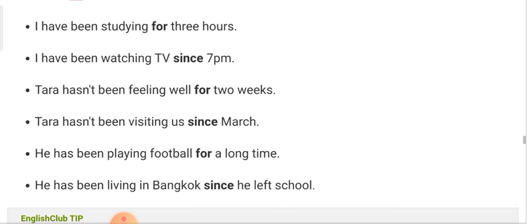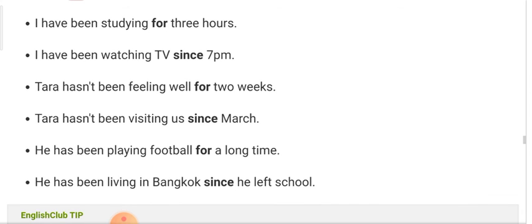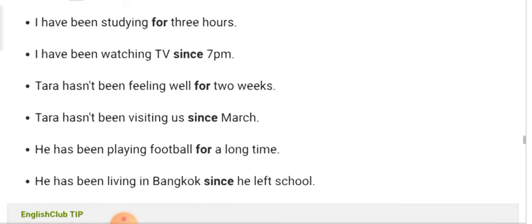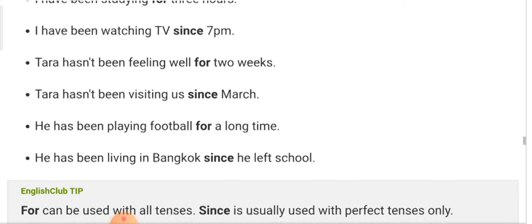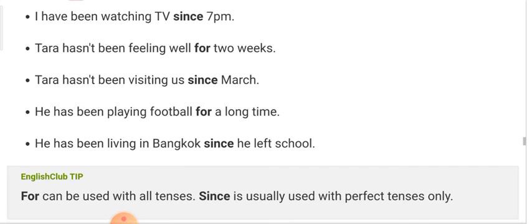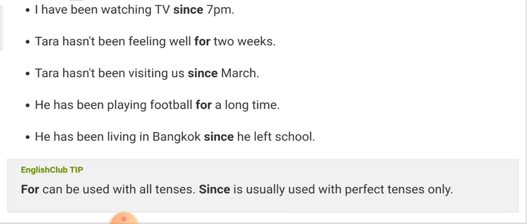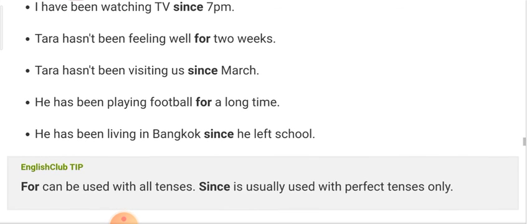I have been watching TV since 7 p.m. Tara hasn't been feeling well for 2 weeks. 2 weeks is not a particular time, but if any day were mentioned, that might be a particular time.